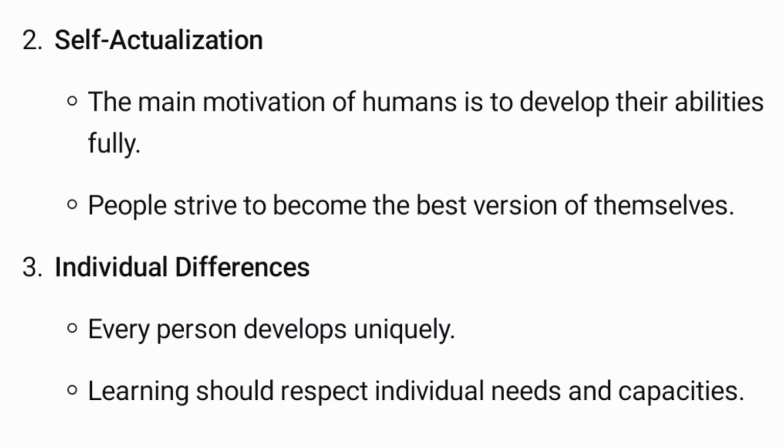Number 2, self-actualization: the main motivation of humans is to develop their ability fully. People strive to become the best version of themselves. And number 3, individual differences: every person develops uniquely, and learning should respect individual needs and capacity.